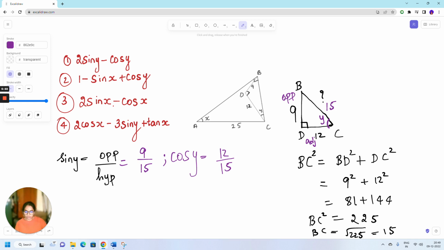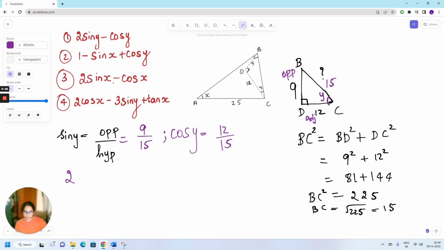Now let us calculate the first one. The first question is 2 sin Y minus cos Y. So that would be 2 into 9 divided by 15 minus cos Y, which is 12 divided by 15. What is 2 nines?